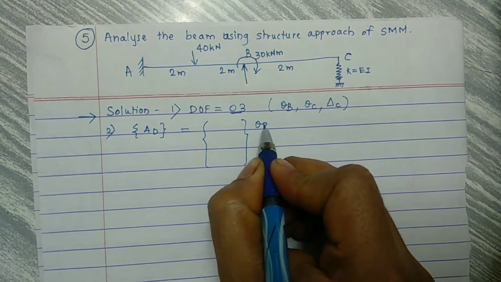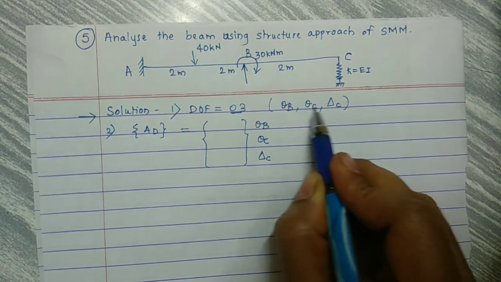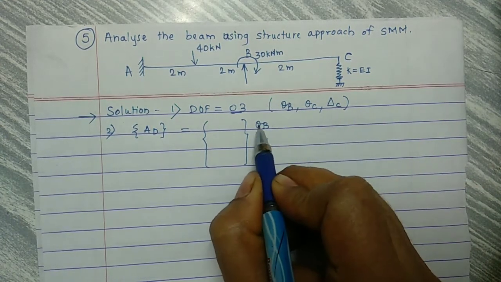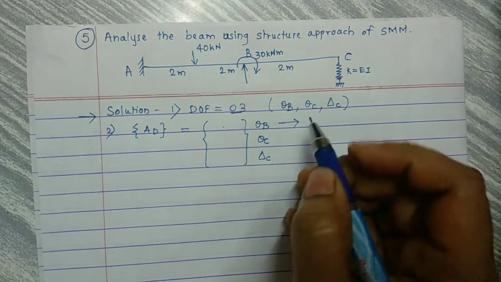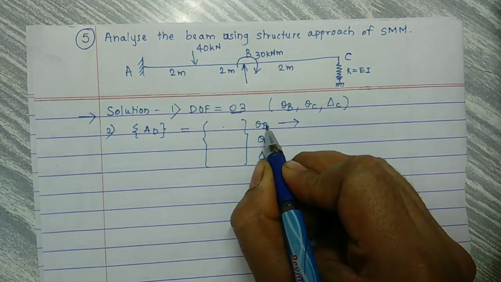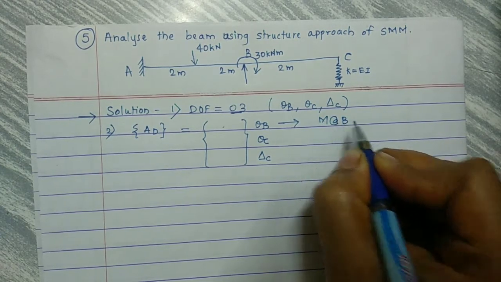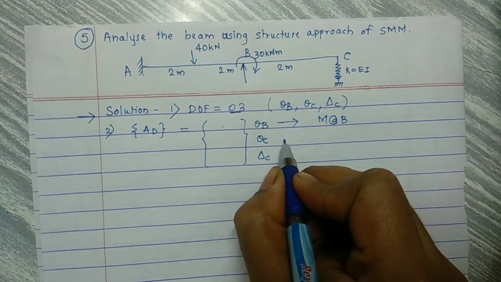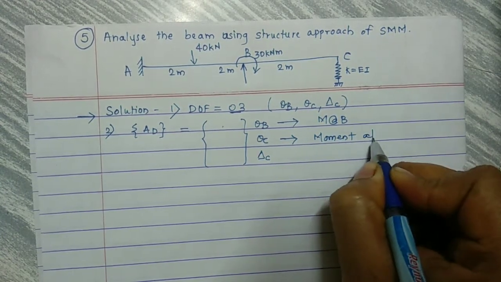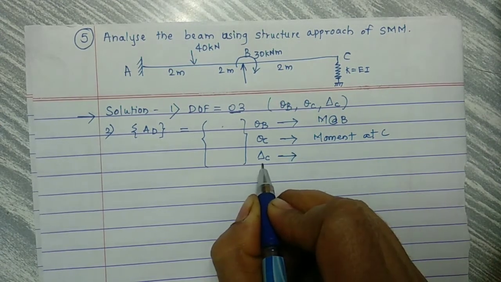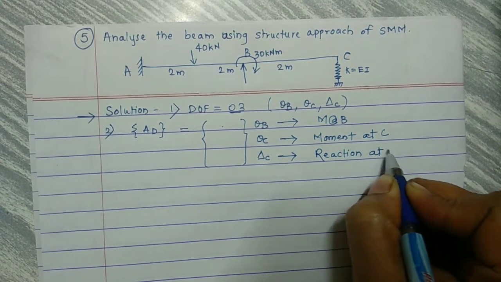The first element corresponds to theta B, the second to theta C, and the third to delta C, in this sequence. The action corresponding to theta B is the moment at B. Second is theta C, so the action corresponding to this is the moment at C. And third is delta C, so the action corresponding to delta C is the reaction at C.